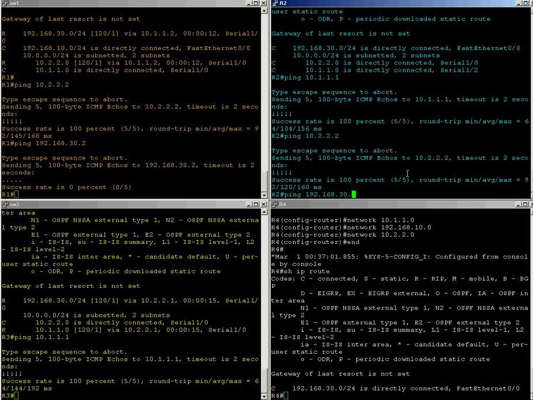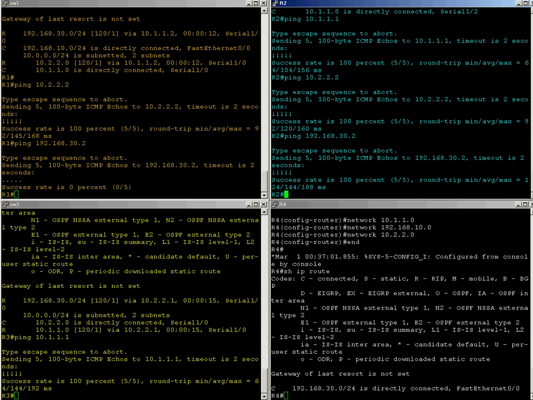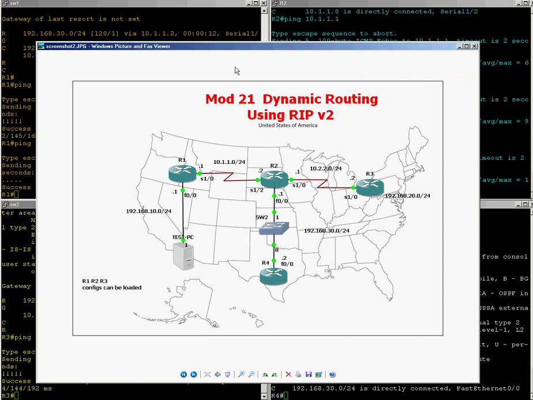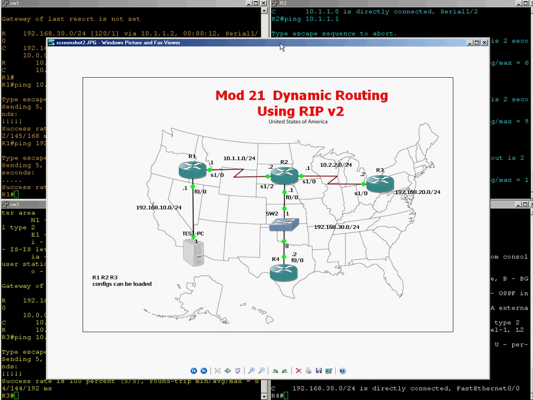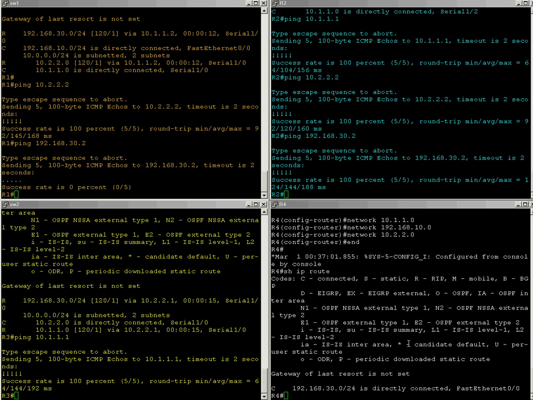But let me try Texas. But this should work because it's directly connected to it. Yeah. So R2 can talk to R4 because it's directly connected to it. That's a given. But R3 cannot talk to R4, or R1 cannot talk to R4. So basically the East Coast and the West Coast can't talk to Texas. So let me go ahead and set R4 up again because it wants to be a little difficult today.